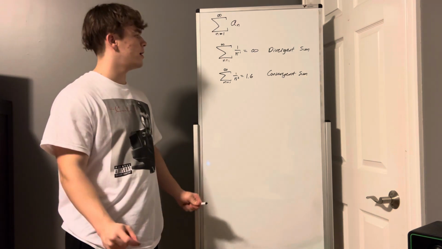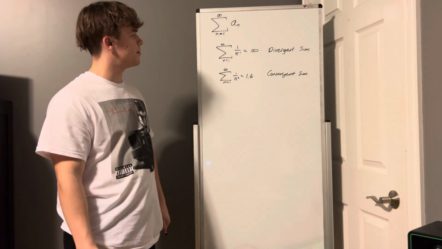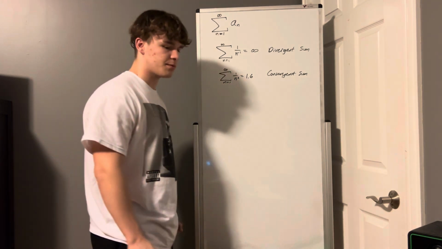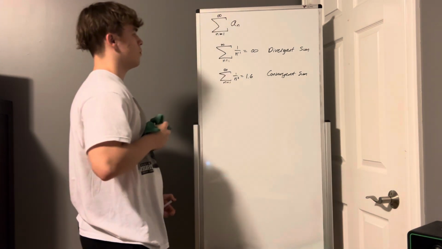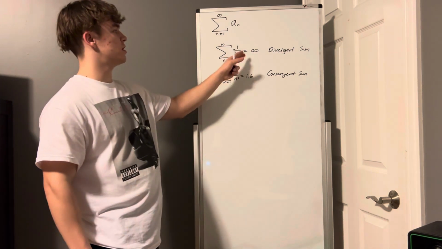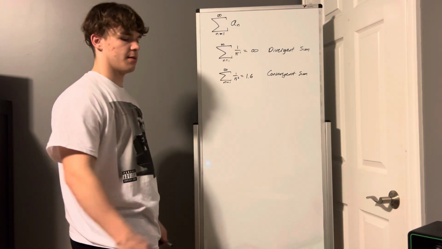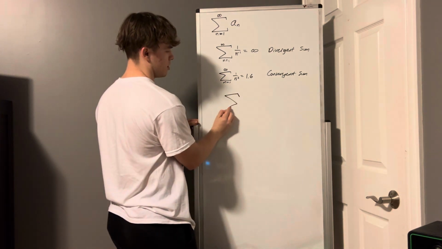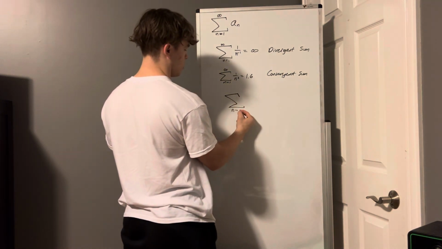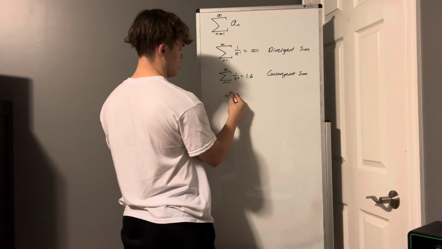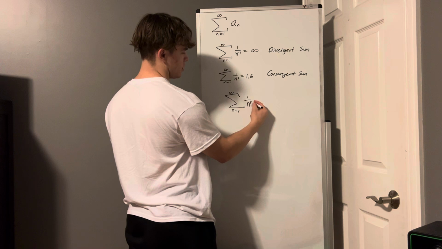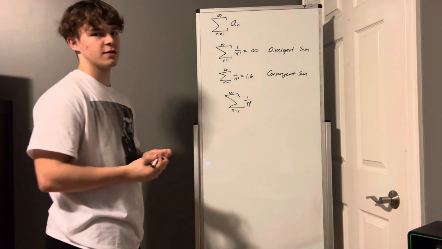But let's just hop right into it. The reason I know that this is a divergent sum and this is a convergent sum is because we call these p-series, where we have the sum from n equals 1 to infinity of n to the power of some value p.